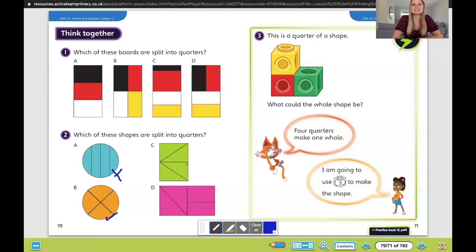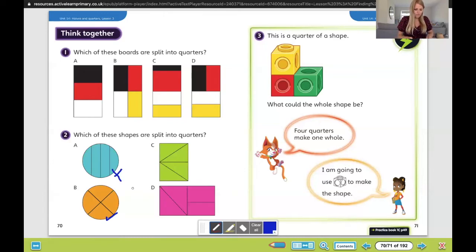Let's look at C. So again, a little bit unsure about this one. So I've drawn it out, as you can see. I think it goes that way round. And I'm first going to check, are there 4 parts? Count with me. 1, 2, 3, 4. Fantastic, there are. But are the parts equal?